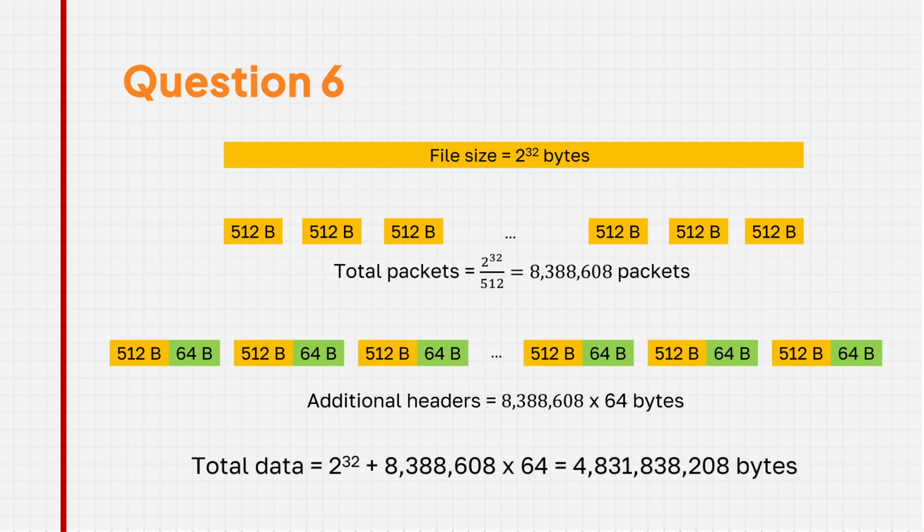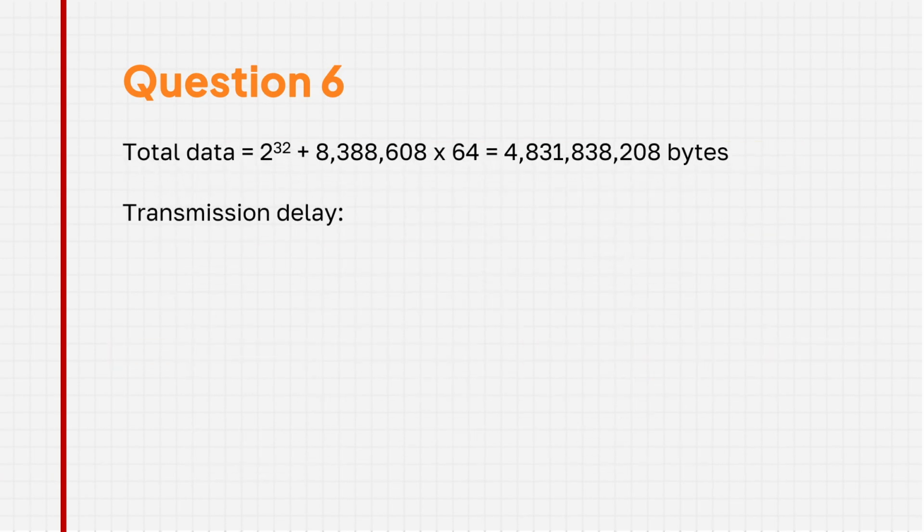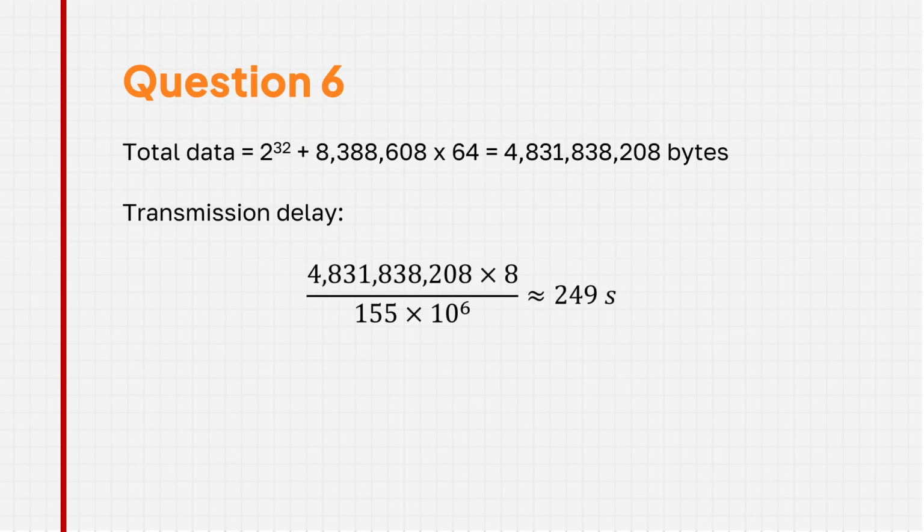So in total, 2 to the power of 32 plus this additional overhead will give you this number of bytes. Just count the transmission delay. Just divide this up. Since these are bytes, convert them to bits first. Don't forget. Times 8, divided by 155 times 10 raised to 6. This will give you about 250 seconds.